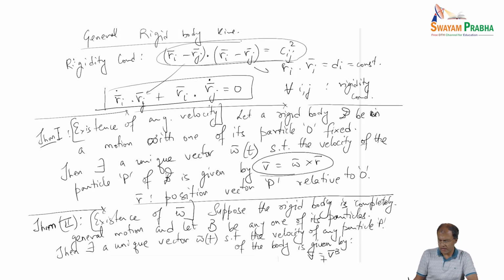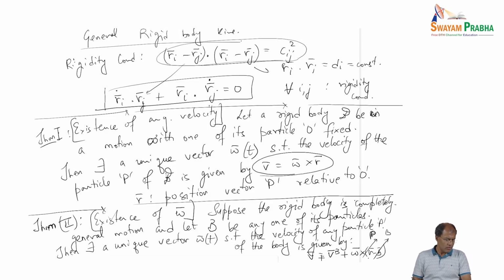So the net velocity is the translational velocity of the point b plus the rotational component, which is omega cross (r minus b), where r and b are the position vectors of the points P and b, and vb is the velocity of b. So that is all given.